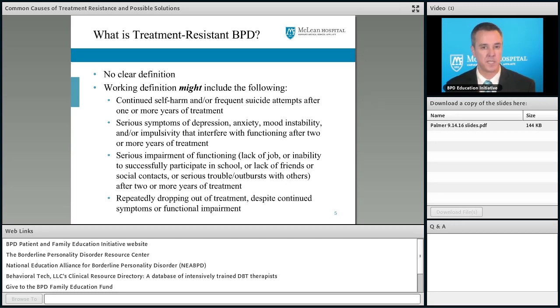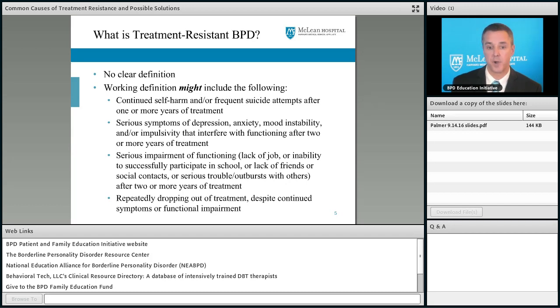These criteria were mostly proposed by Glenn Gabbard, and I'm going to concur with them for the most part. It might be somebody who continues to self-harm or makes frequent suicide attempts after 1 or more years of treatment. That should not be happening anymore with effective treatment.